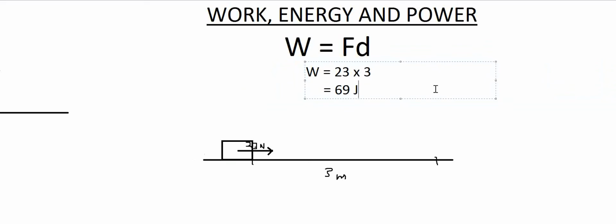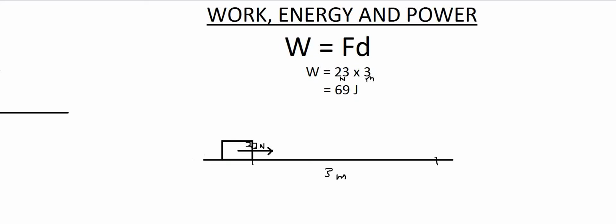Assuming you really don't know it's joules, you can derive it in a way. The 23 is in newtons, since the unit of force is newtons, and the distance is in meters.